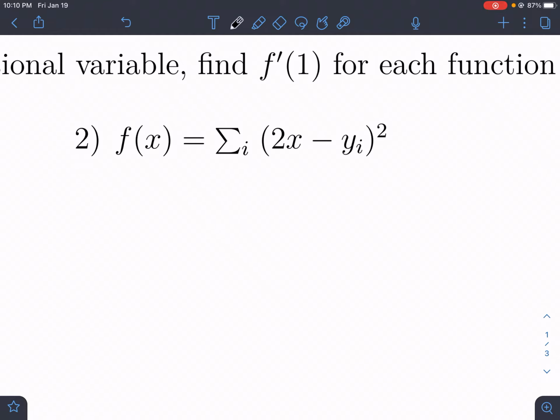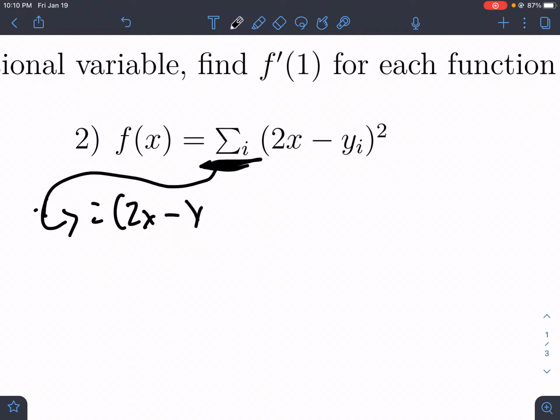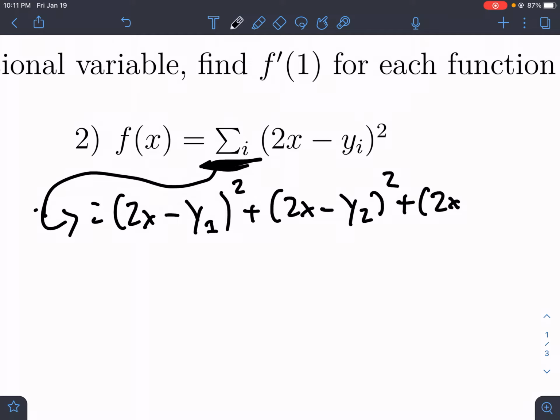Now the key here for taking the derivative when sigma notation is involved is to realize that we can just ignore the sigma notation, because that just means this whole equation is equivalent to 2x minus y1, let's say, squared, plus 2x minus y2 squared, plus 2x minus y3 squared.